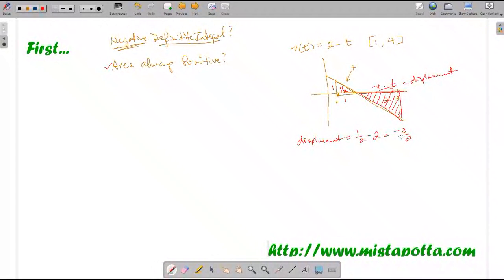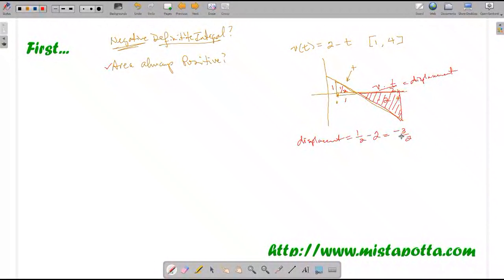So I first wanted to touch upon this because we can have a negative definite integral. It is true that areas must be positive, but what's represented by a definite integral may be a negative expression.